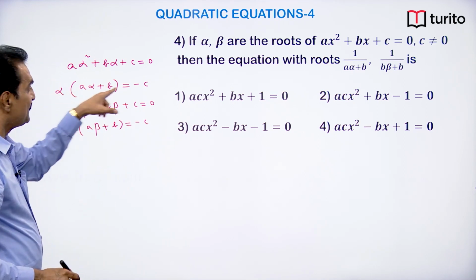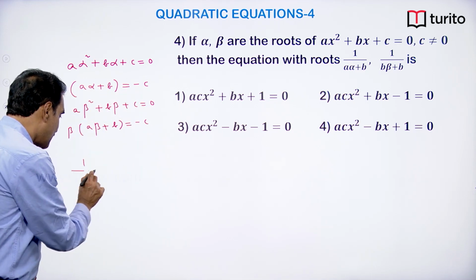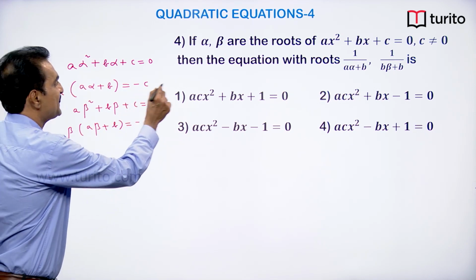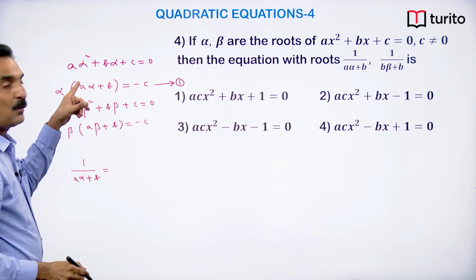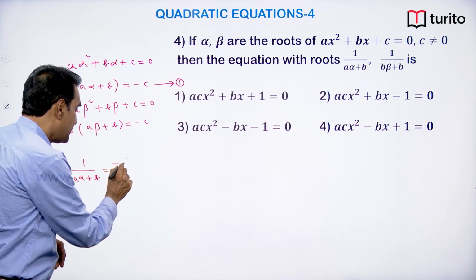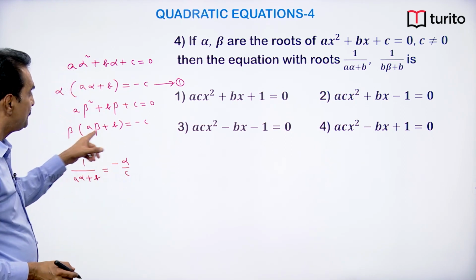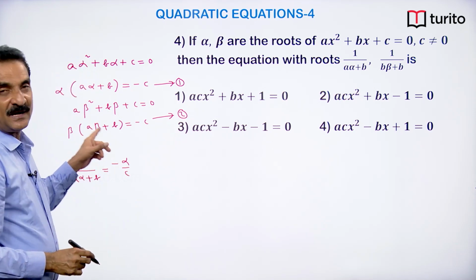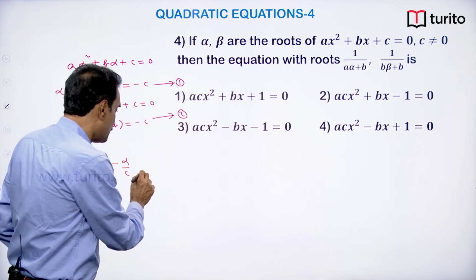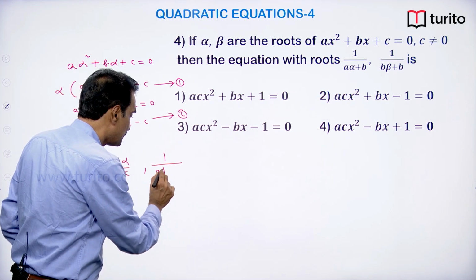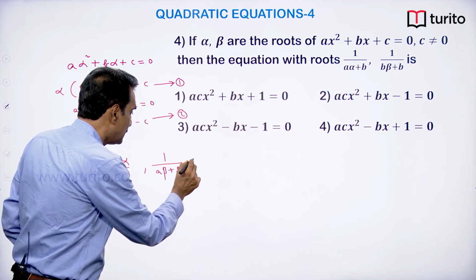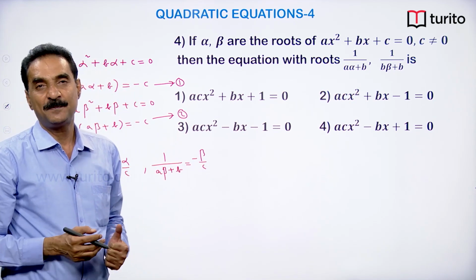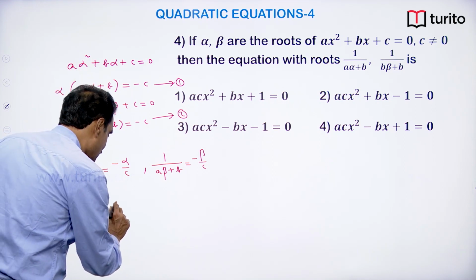Then from this, what is the value of 1 by (a alpha plus b)? 1 by (a alpha plus b) will be minus alpha by c. From this equation, 1 by (a beta plus b) will be equal to minus beta by c. Now, we proceed with the procedure. Take the new root as y.